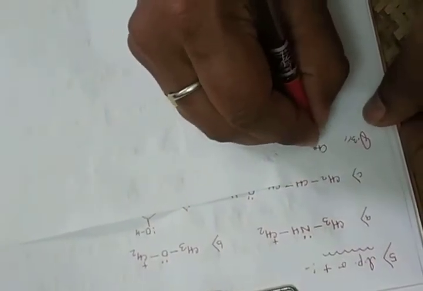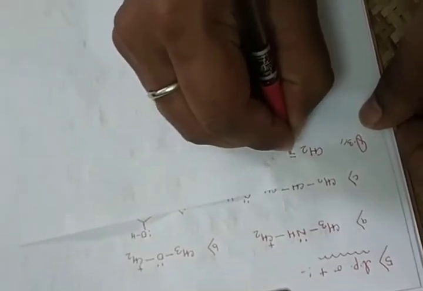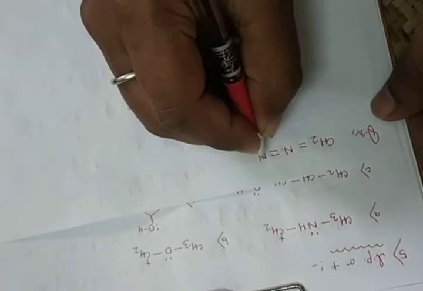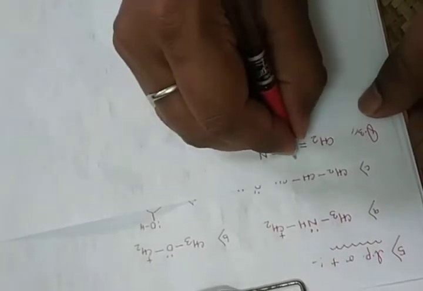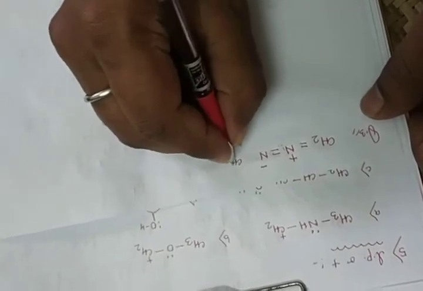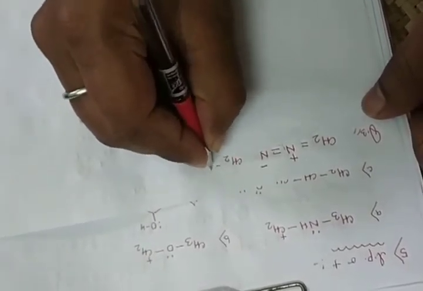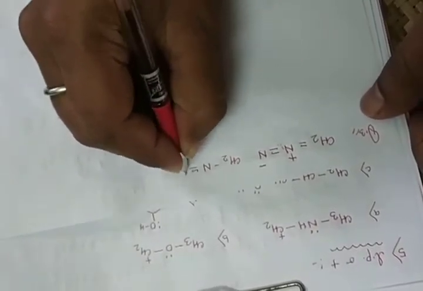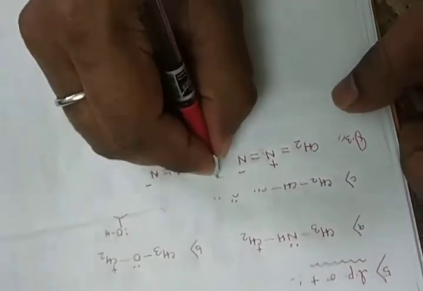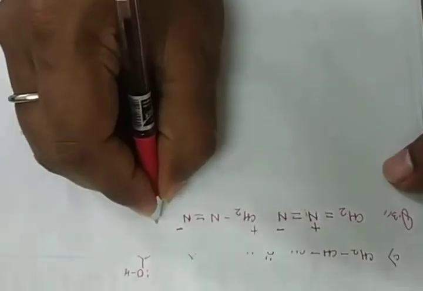Suppose you have CS2 double bond N double bond N. This N contains positive, this N contains negative. Same, CS2 single bond N double bond N. This N contains negative, this carbon contains positive.